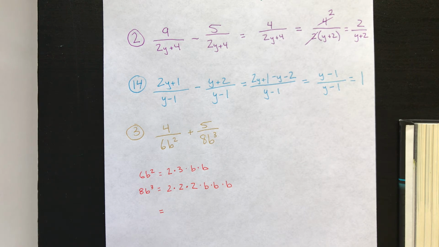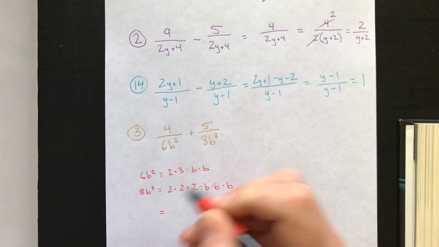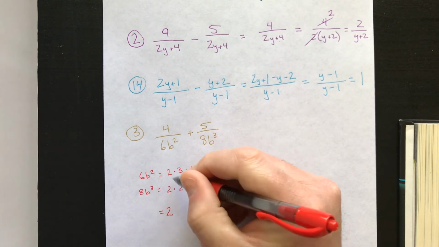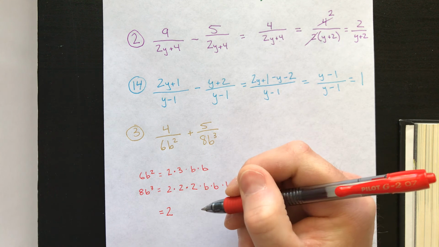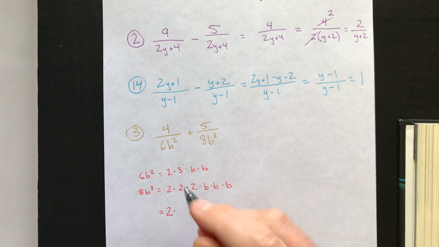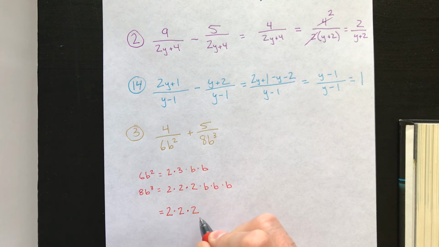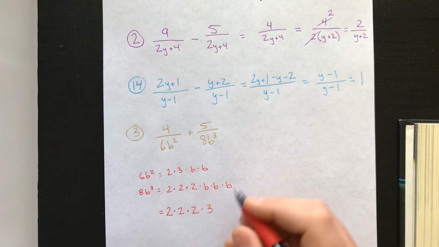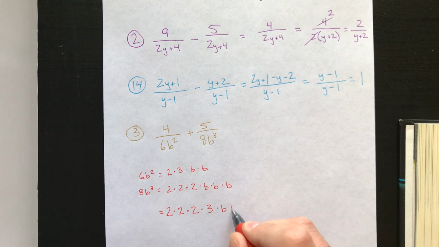So what we now do is list all of the terms here. We have a 2, another 2, another 2, we have a 3, and then we have 3 b's.